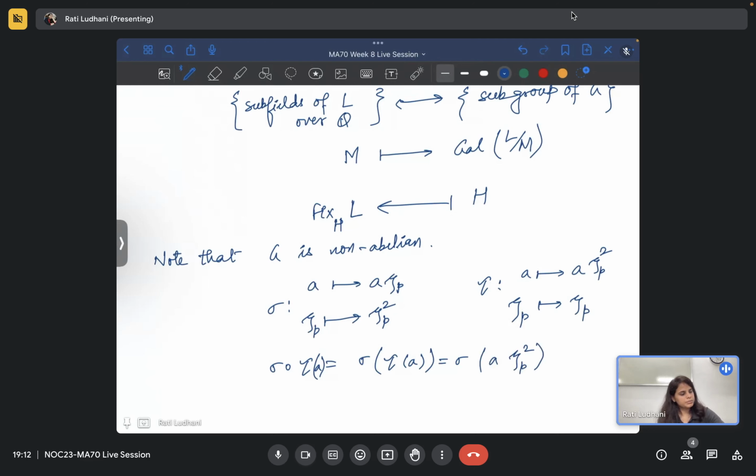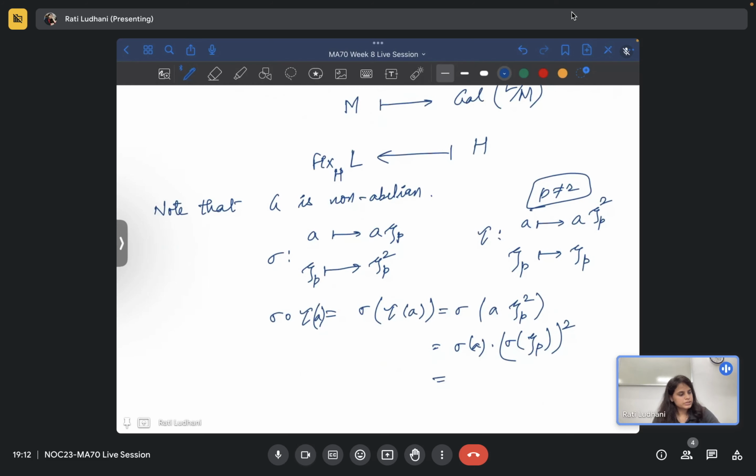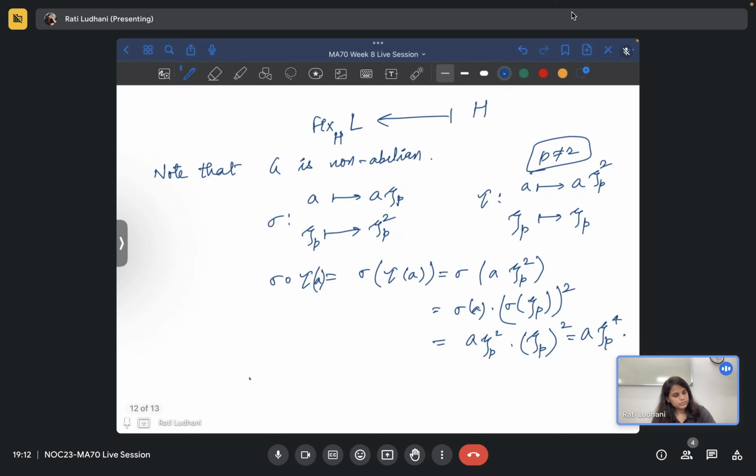I'm assuming p is not equal to 2, otherwise this will become identity. Now sigma of this is sigma of a into sigma of zeta p square. Sigma of a is a zeta p square, so you'll get zeta p raised to power 4.